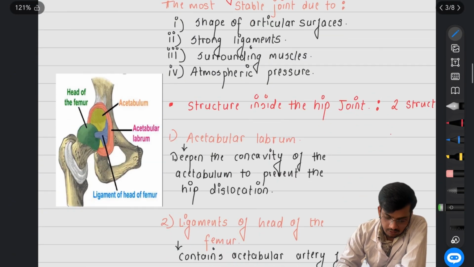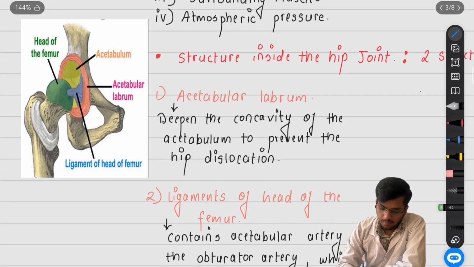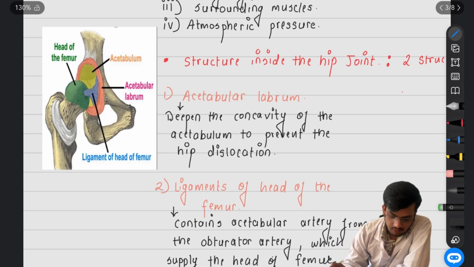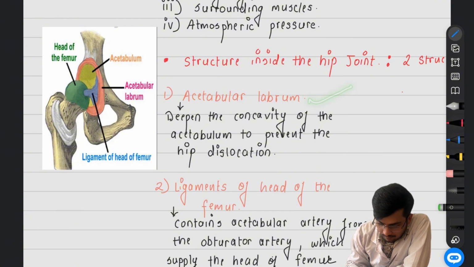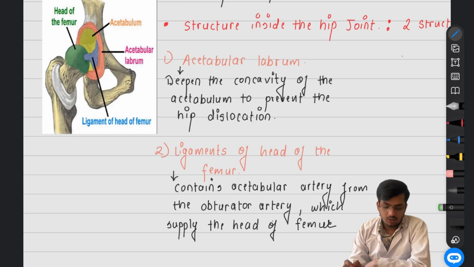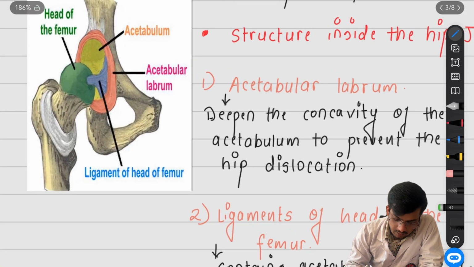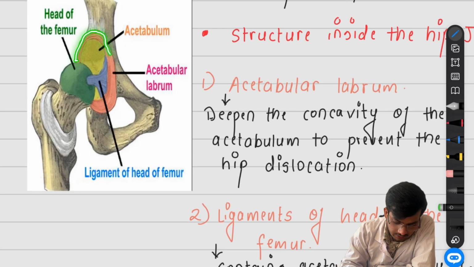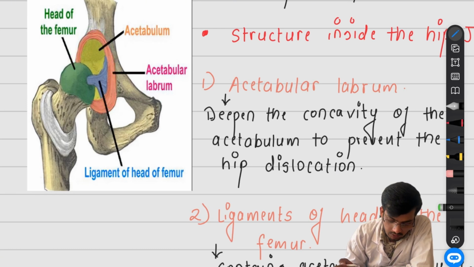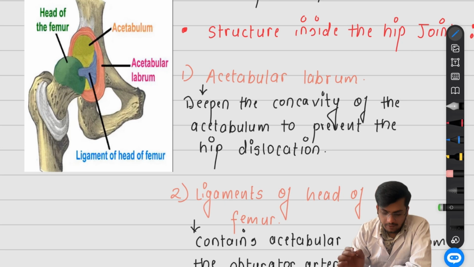Next one, we will discuss the structures inside the hip joint. We have two main structures inside the hip joint: the acetabular labrum, and the ligament of the head of the femur. You can see this ring-like structure is called the acetabular labrum, and this ligament is the ligament of the head of the femur.